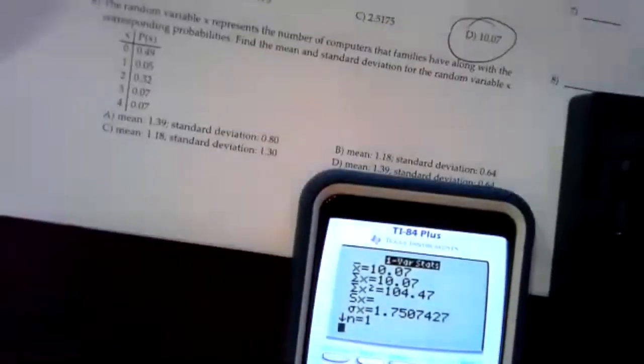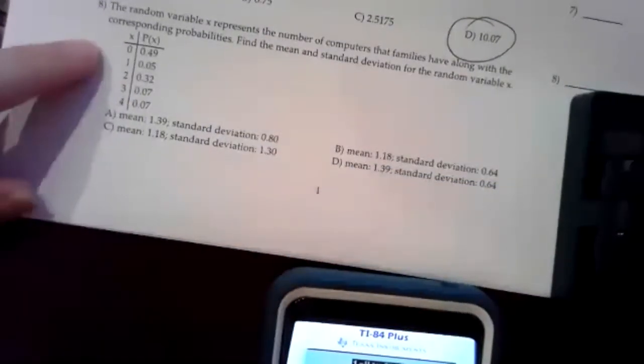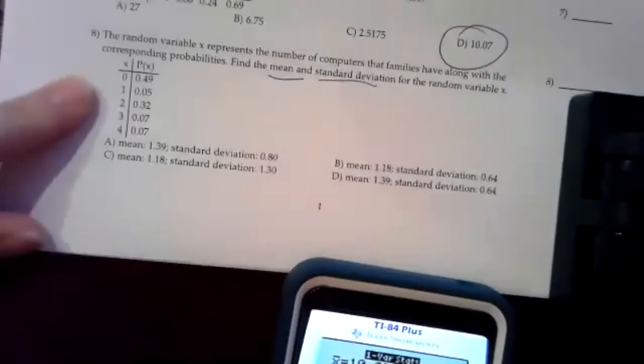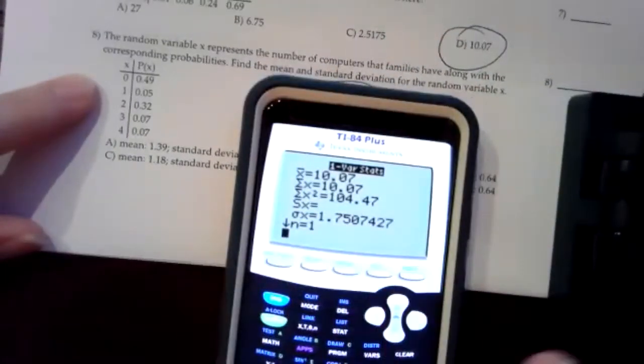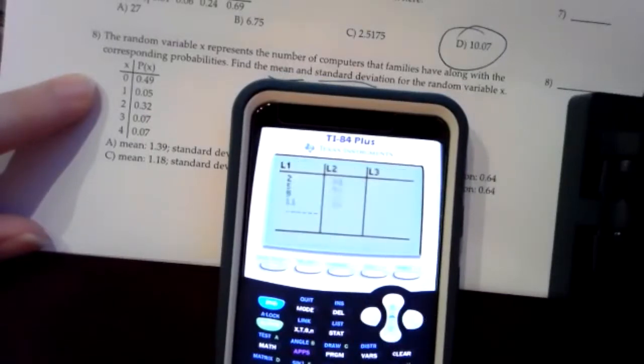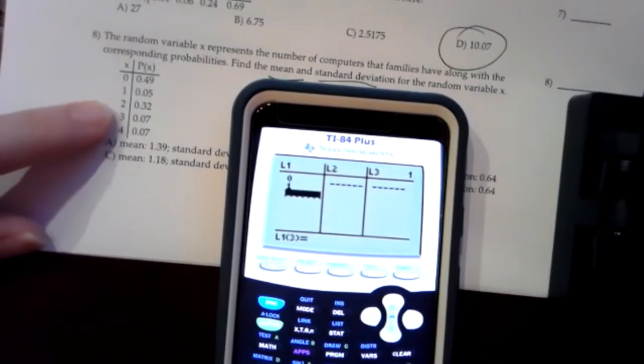Now the next one down here wants us to find the mean and the standard deviation, so I'm looking for both on this one. Same process for number 8. I'm going to go Stat, Edit, and enter everything in. I'd have my 0, 1, 2, 3, and 4.